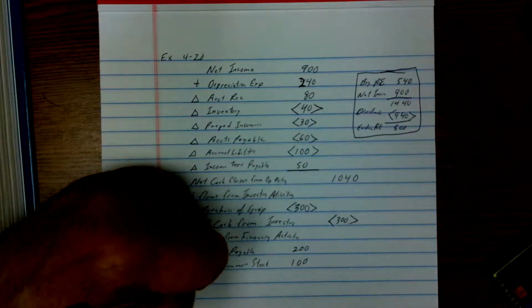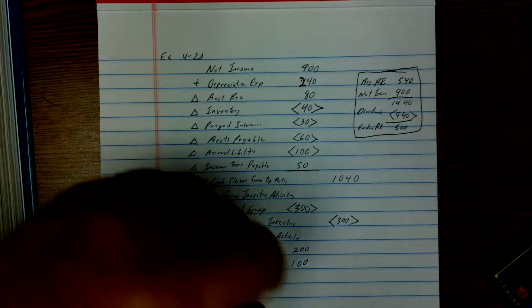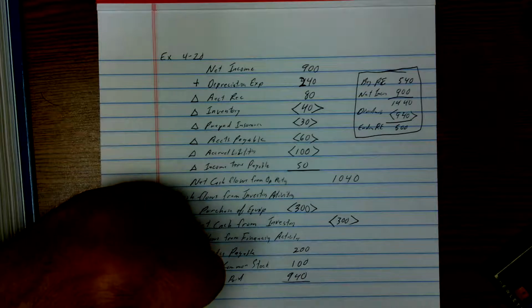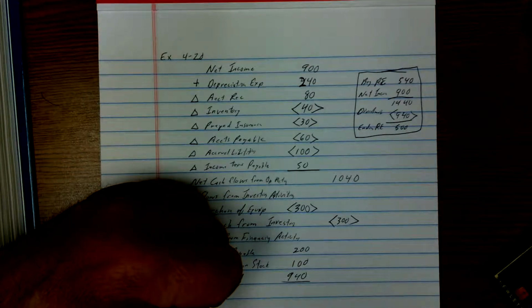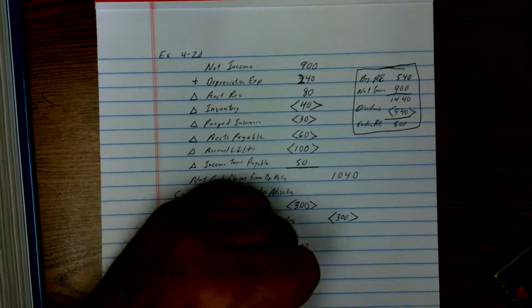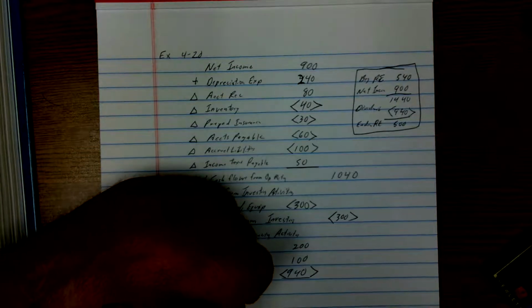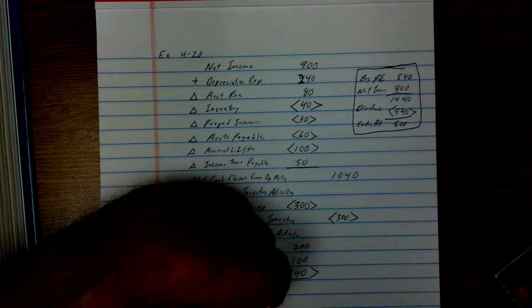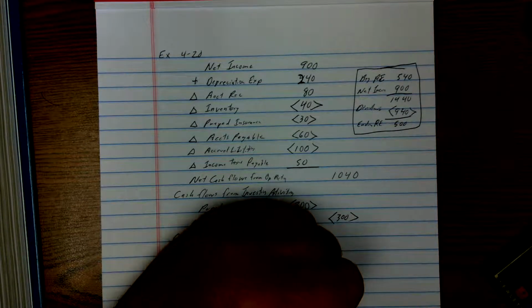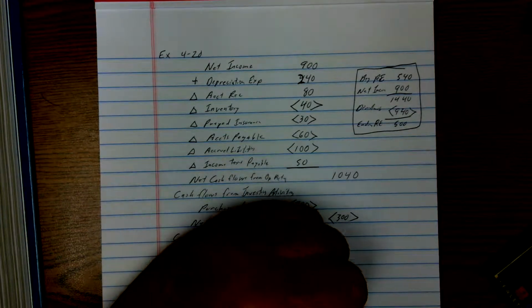So dividends paid would be 940. So our total cash, and this is a negative, from financing, the 300 would be 640 negative.